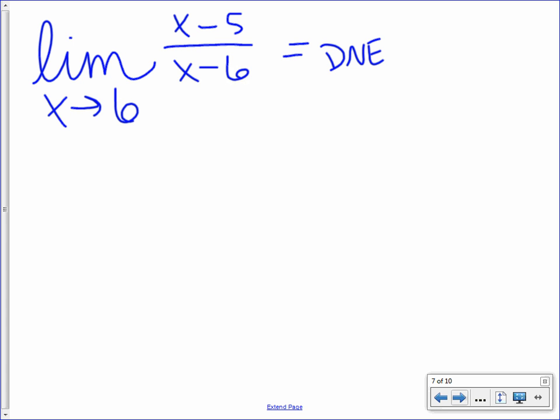Why is it negative on the left? If you plug in numbers really close to 6, like 5.9, you'd have positive over negative. So they're going in opposite directions, so it doesn't exist.